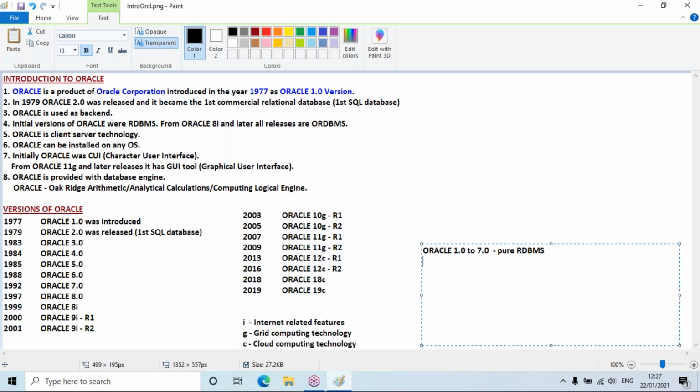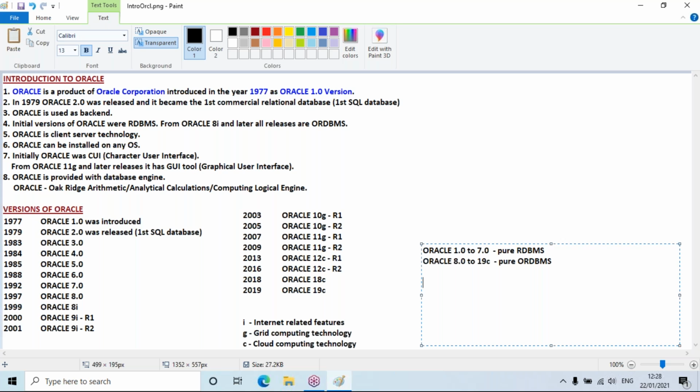From 1.0 to 7.0, they all come under the category of what? Pure RDBMS. Whereas Oracle 8.0 to 19C, they all come under the category of ORDBMS.